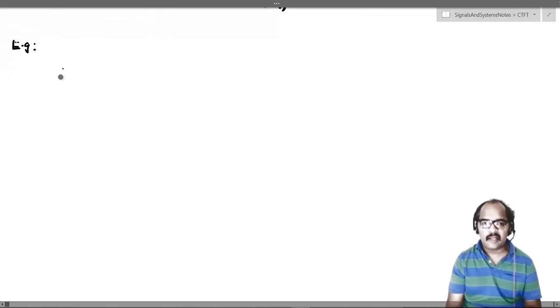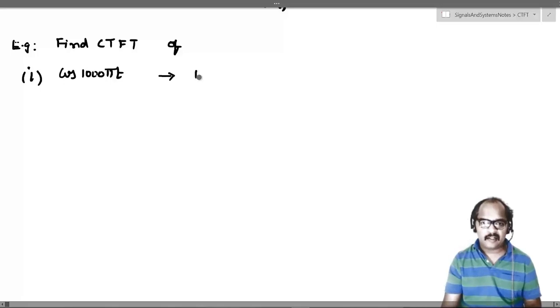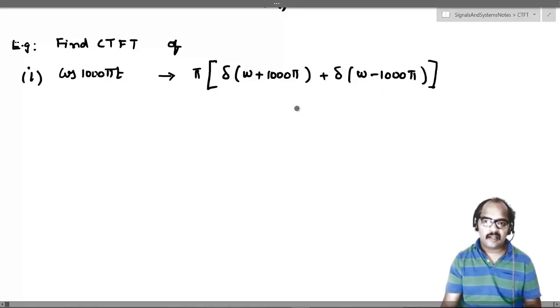What is the Fourier transform of cos 1000 pi t? I'll write down: find the CTFT of the signal cos 1000 pi t. Definitely this will have pi times delta of omega plus 1000 pi plus delta of omega minus 1000 pi, since omega naught is 1000 pi. So how does the plot look?